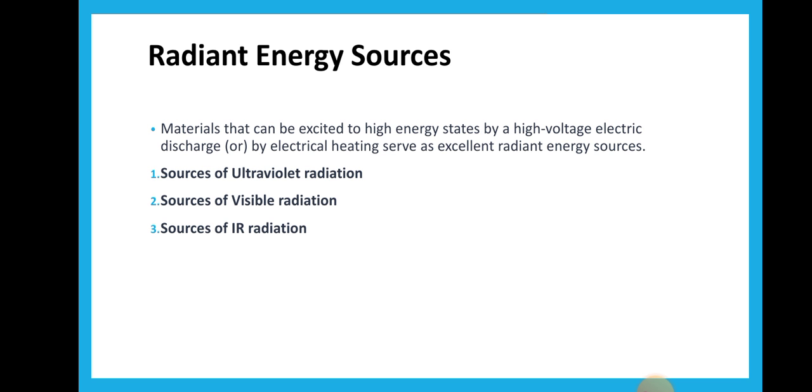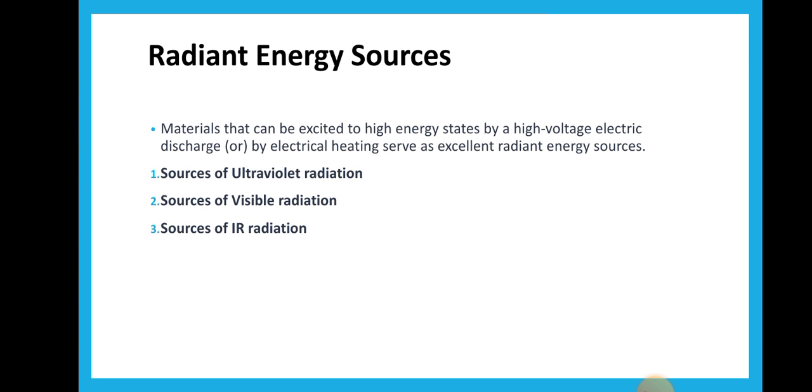Radiant energy source: materials that can be excited to emit light energy by high voltage electric discharge or by electrical heating serve as excellent radiant energy sources. Source of ultraviolet radiation: the most commonly used sources of UV radiation are the hydrogen lamp and the deuterium lamp.